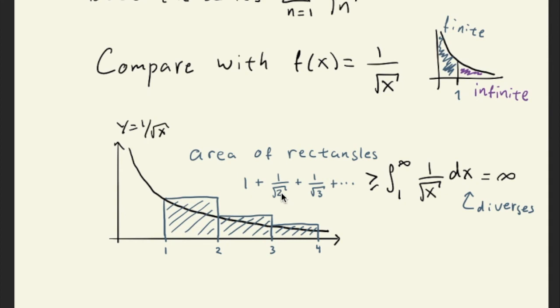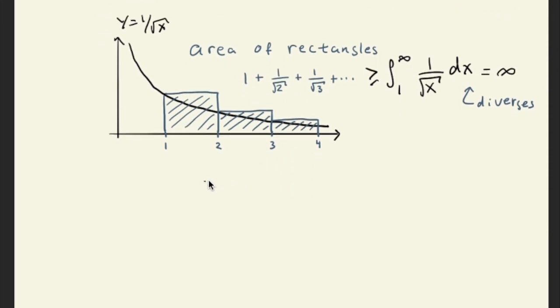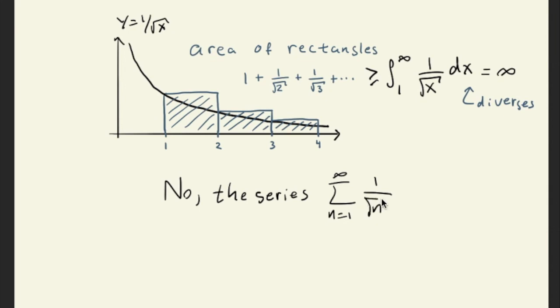Which means that this here also needs to diverge. Okay? So I guess the answer is no. The series sum n equals 1 to infinity of 1 over root n diverges.